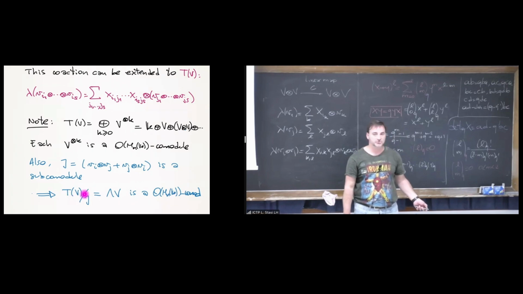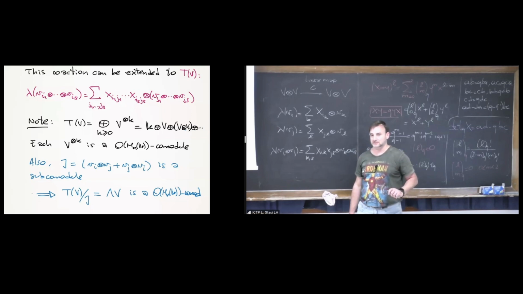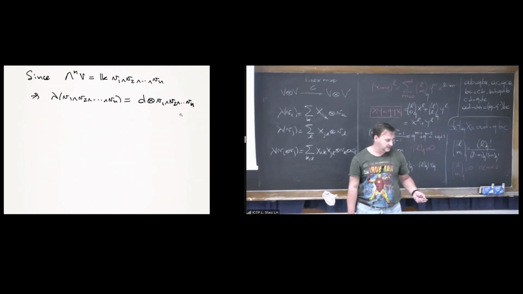What is the good thing? The tensor algebra is huge, has infinite dimension, is too big. We divide by something, and then suddenly this is finite dimensional. Great. It is finite dimensional, and each summand of this one is a comodule.